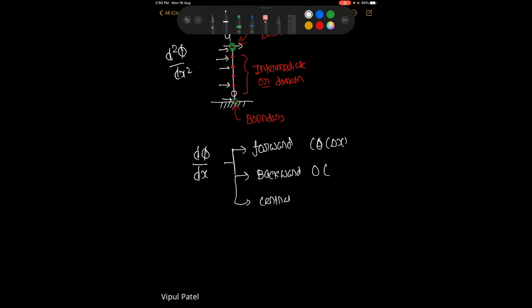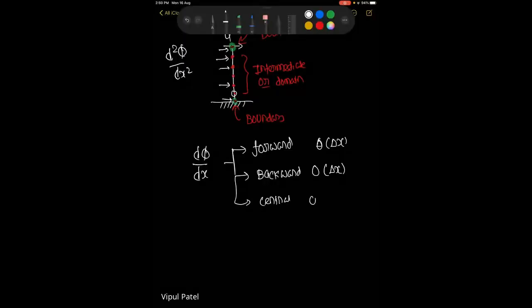The order of accuracy of the backward approximation is also delta x, and the order of accuracy of this particular approximation is also delta x. The central difference expression is delta x square.